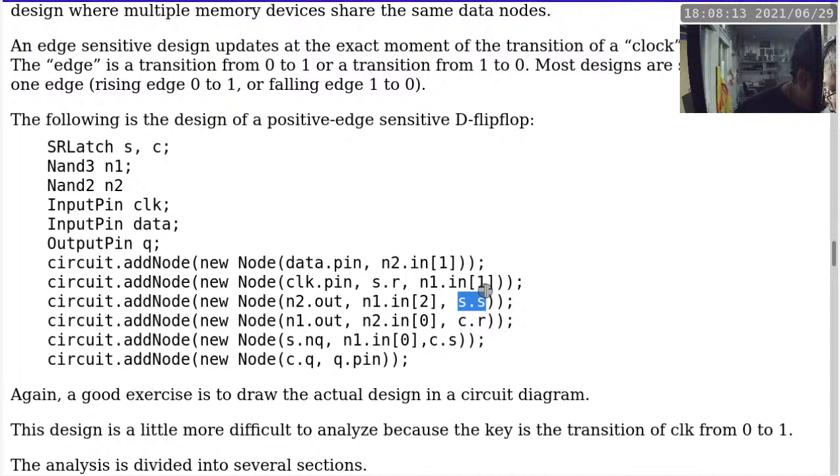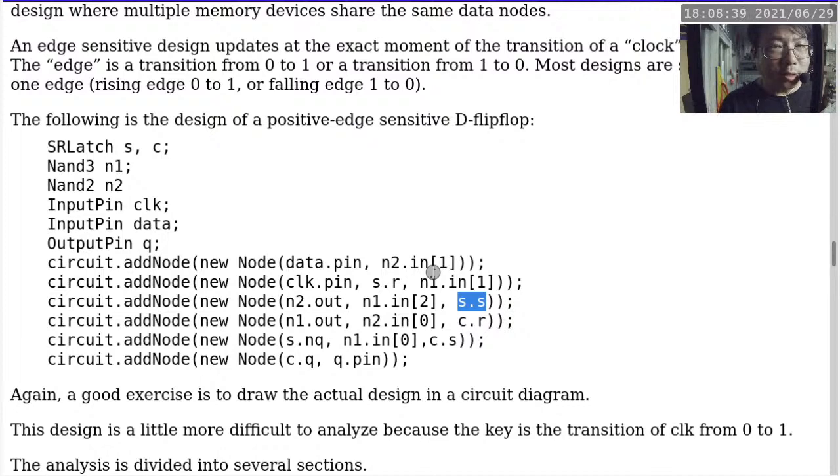So tap here, and then this goes to N1. And now there's only one connection left, which is this particular node. All it does is connect the data pin, which is one of the input pins, to the second input pin of N2. So there we go. This is the super duper easy one. Alright, so I'm done with the circuit now.